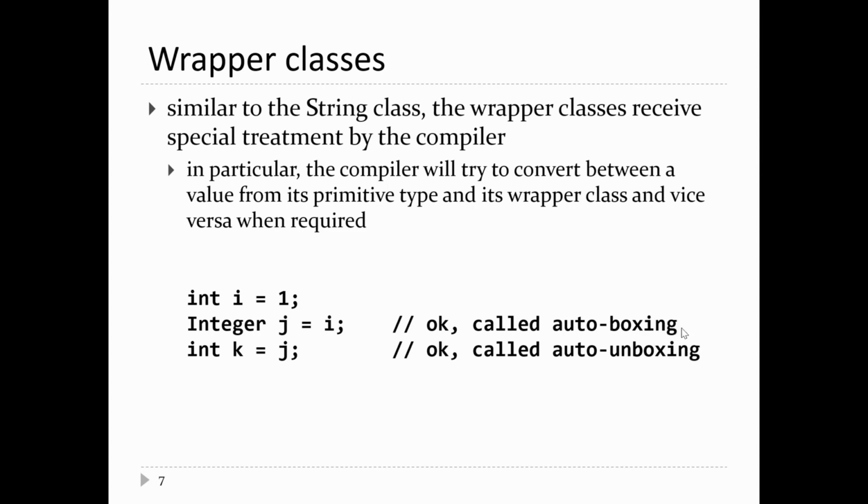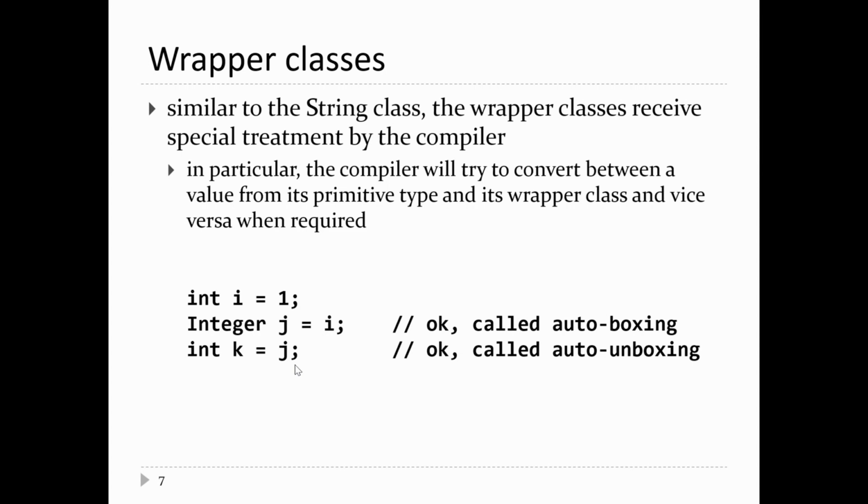So automatically convert an int, a primitive type, to its corresponding wrapper type. You can also do the reverse. So j is a reference type, a capital-I Integer object. But I can get the value of the int corresponding to the Integer object without having to call any method. I can make a little primitive variable k, and say that k is equal to j.